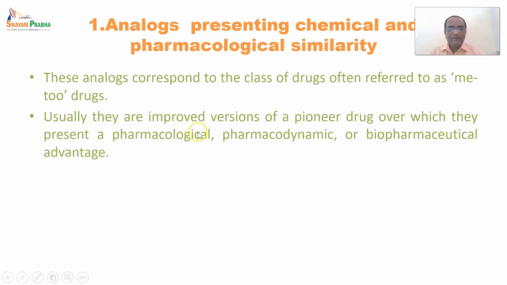So one importance of analog design is that over a lead molecule or pioneer drug, it improves pharmacological, pharmacodynamic and biopharmaceutical advantages. It changes some parameters like ADME, and also improves some pharmacodynamic effects, that is potency and efficacy of the drug, and also interaction with the receptor of the drug molecule. So there are little modifications in the drug molecule which improve the activity of the drug.